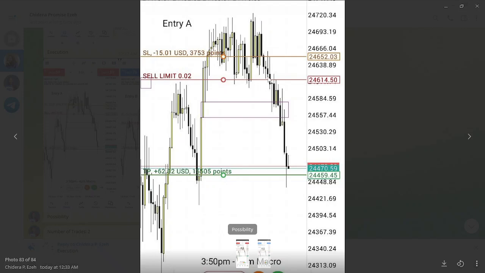So a combination of a fair value gap, typically on a 5 minute time frame, and an order block is an ideal point of entry. Okay, an ideal point of entry. Then where would I have my stop loss? Above the high of the candle close to the order block, or any of these highs here, just like I had it here.